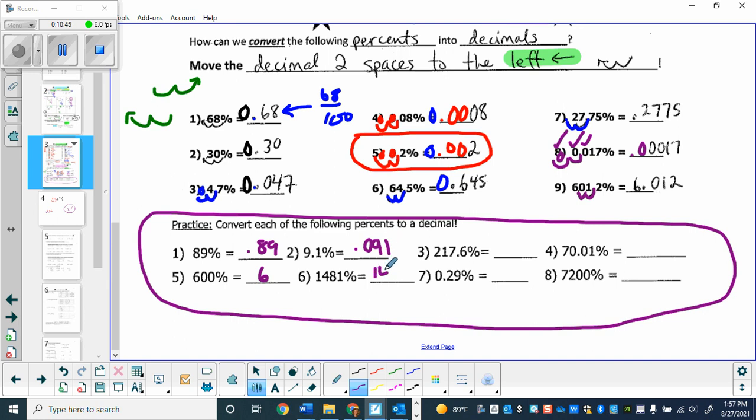This would be a 14.81, because again, you're just going once, twice. Once, twice. All right, 2.176. All right, if I take this one, this 0.29, and I go back twice, I'm going to go 1, 2. So I'm going to fill it in with 2 zeros there, 0.0029.